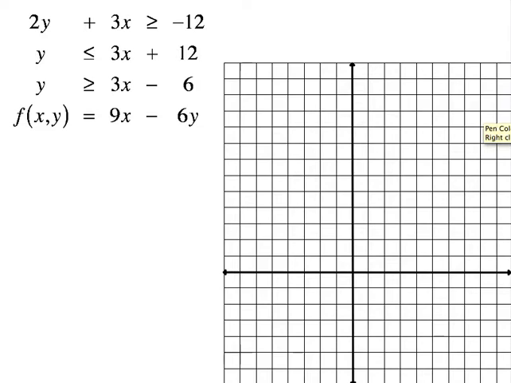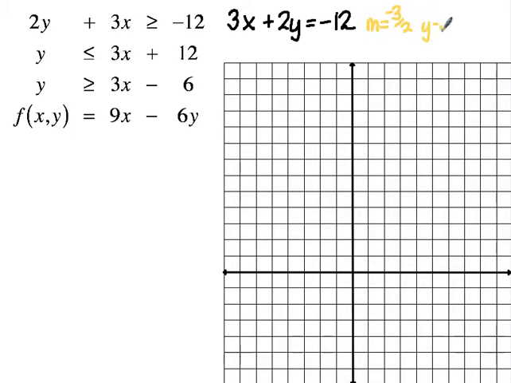Yeah, wow. That one looks like lots of fun. So first thing I'm going to do is I'm going to rewrite this so that it's in standard form. 3x plus 2y equals negative 12. Okay. What's your slope? Negative 3 over 2.